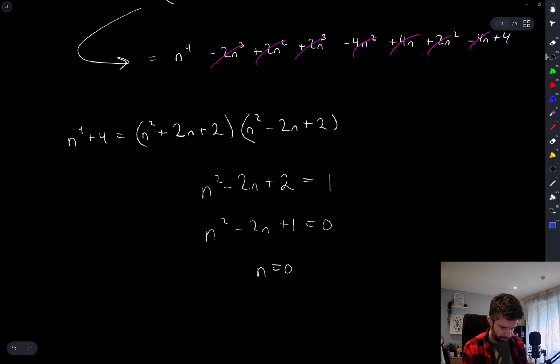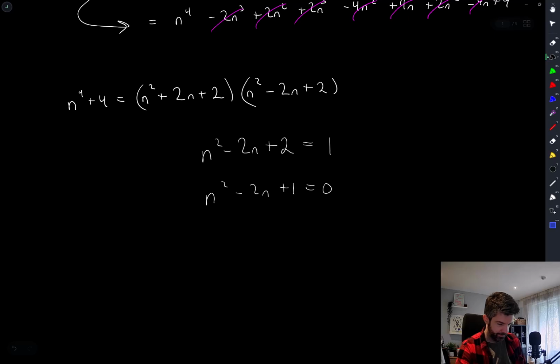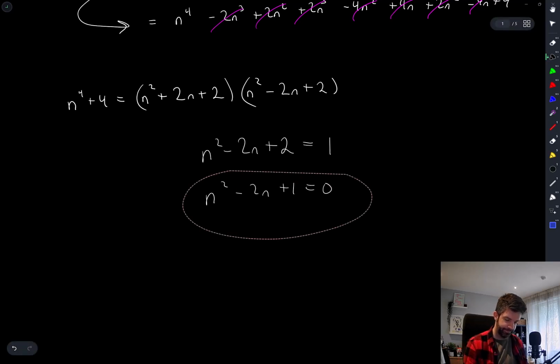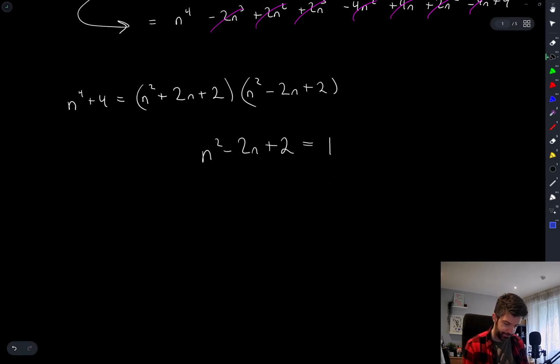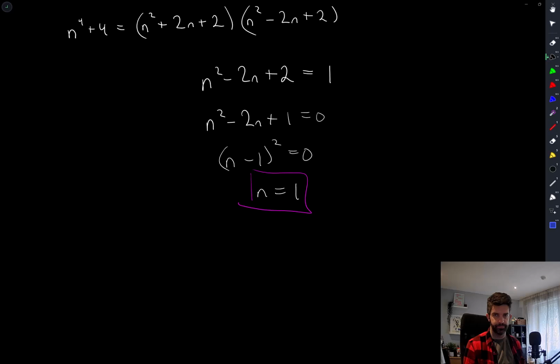What is going on? What is wrong with my head right now? Oh, sheesh. Oh my goodness. Okay. So this thing is prime only when n is equal to 1, which is option B.